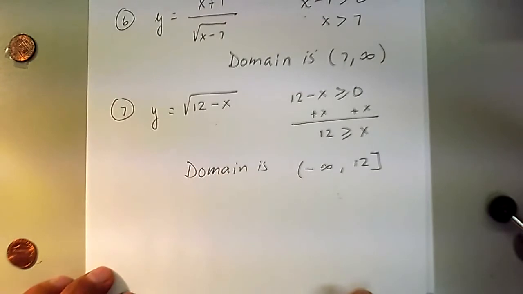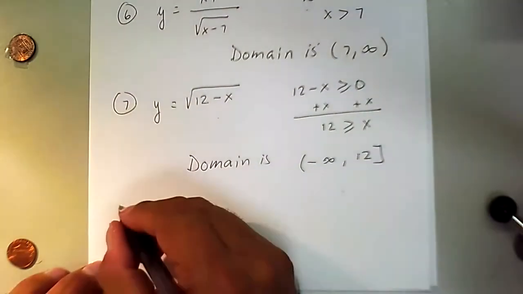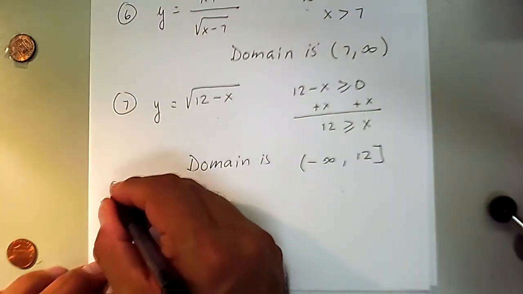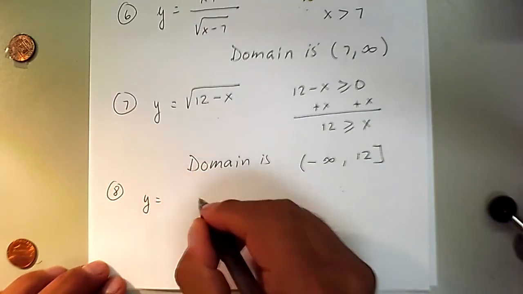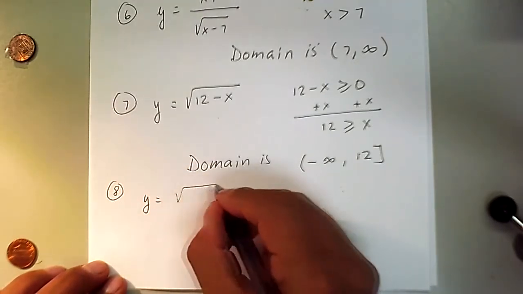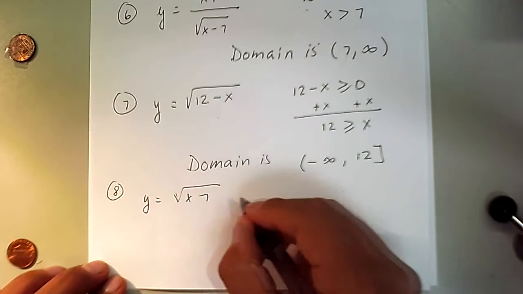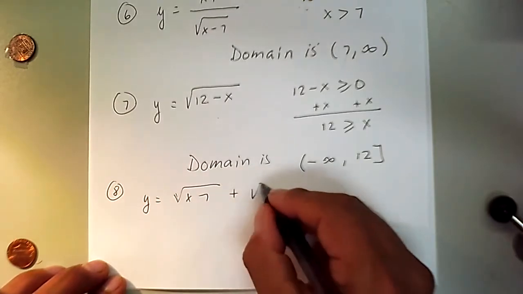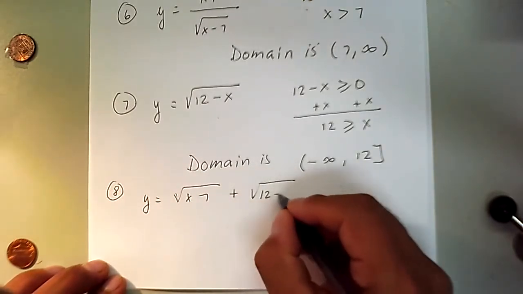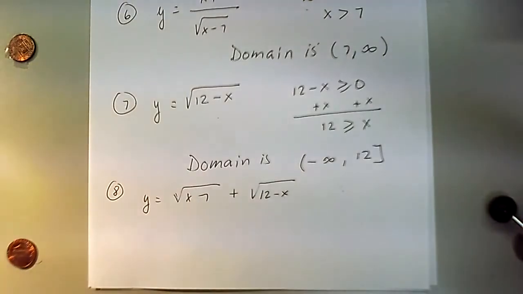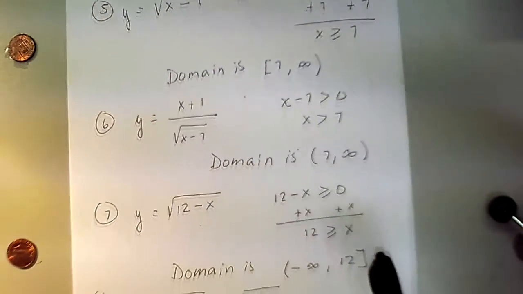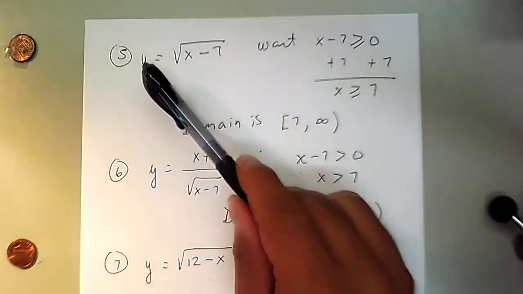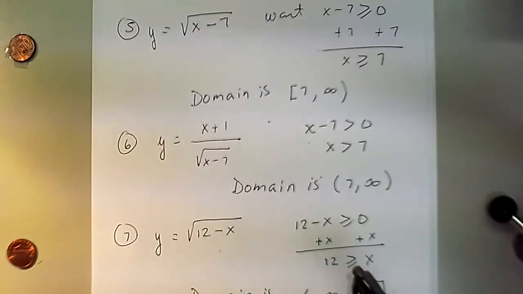All right. But then it gets more complicated. Example 8. What if we have square root of x minus 7 plus square root of 12 minus x? Whoa. Well, on one hand, we're going to piggyback on example 5 and example 7.